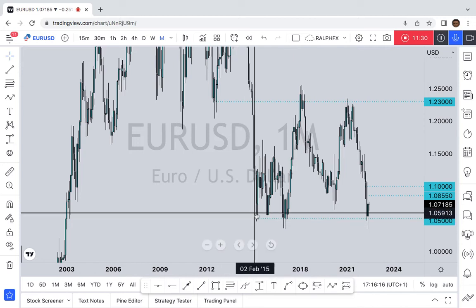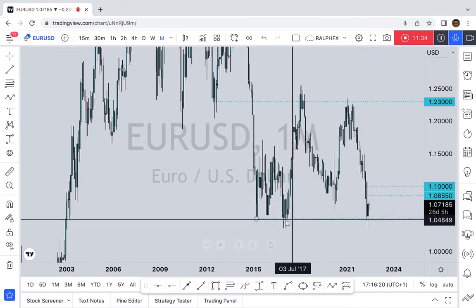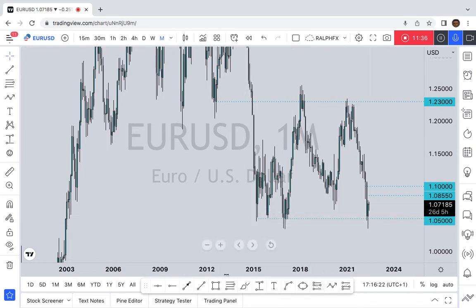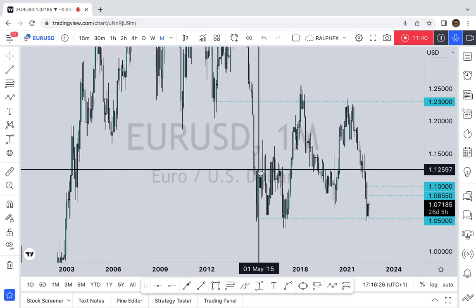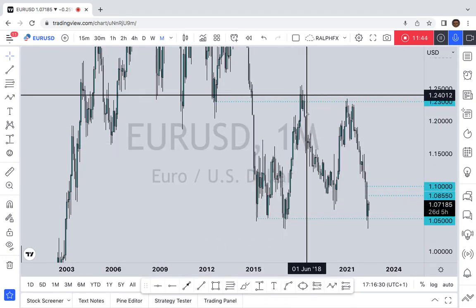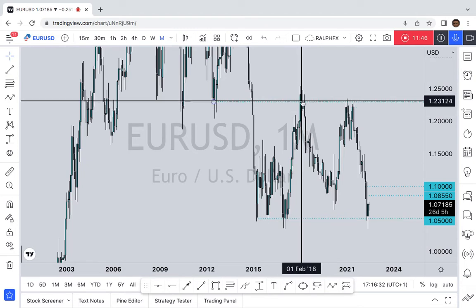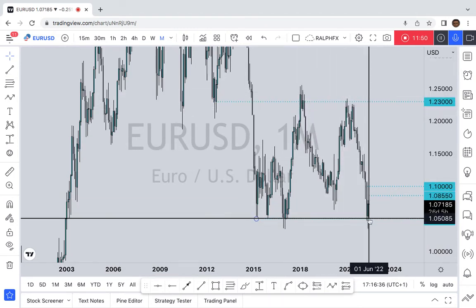But again, you need to know that it's not one price level, right? It is a zone. As we can see from this demand zone, we have one move, we have another move. Look at this one that ran into this supply level. We have this one again, and now we have price.